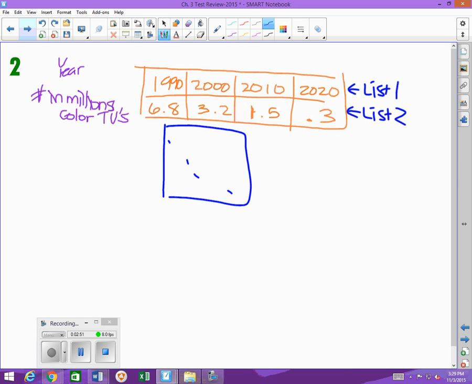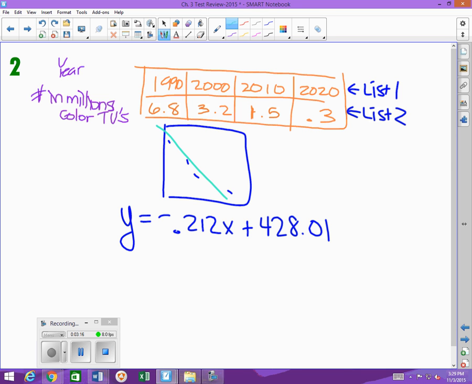And then calculate your line. In this case, the line is going to be y equals negative 0.212x plus 428.01. Remember, then you can copy that over to the y1 or the y equals part so that you can use that, so then it can draw your line on here.